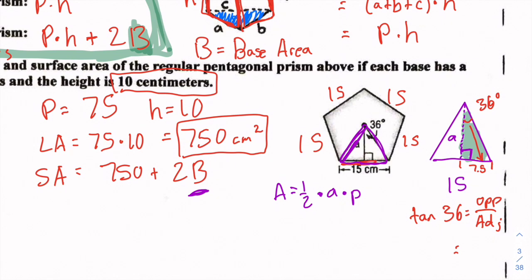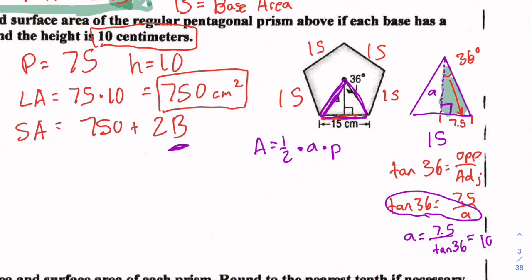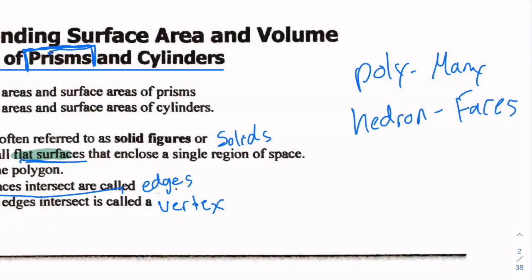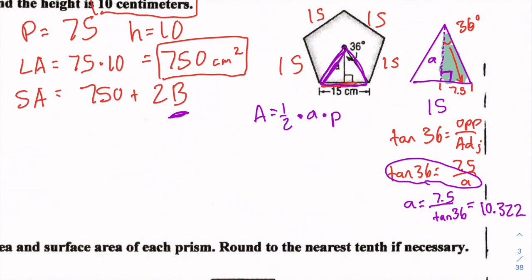I'll show my work real quick here: 7.5 over A. Solving for this, you can always just switch it diagonally, a little review step. A equals 7.5 over tangent 36. This will get me approximately 10.322. Reminder, always pause if you need to play catch up.